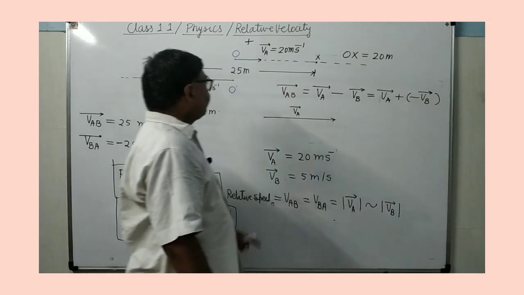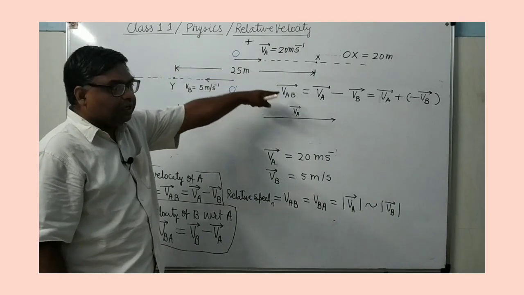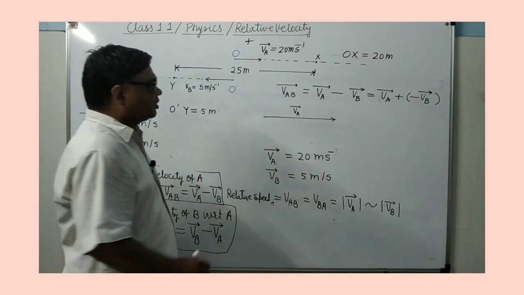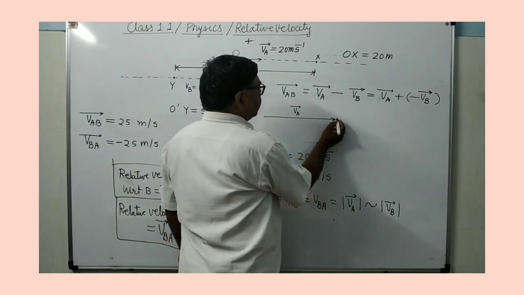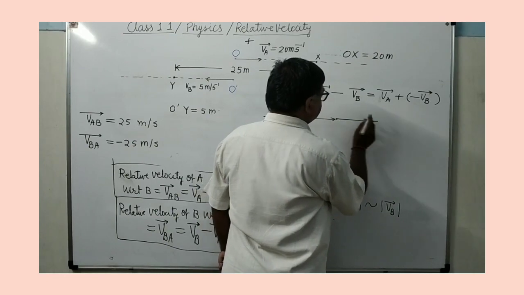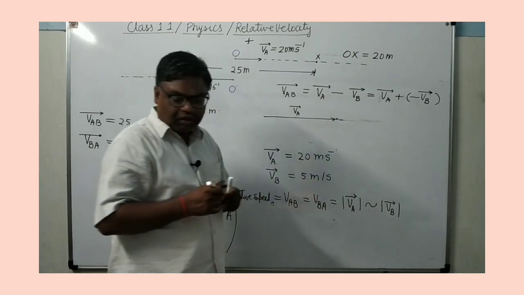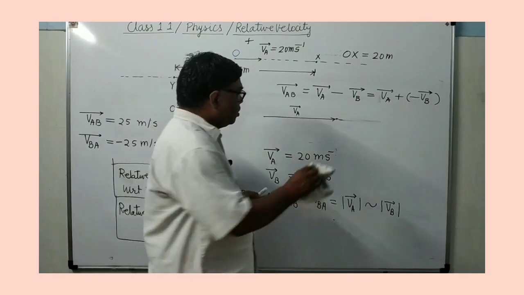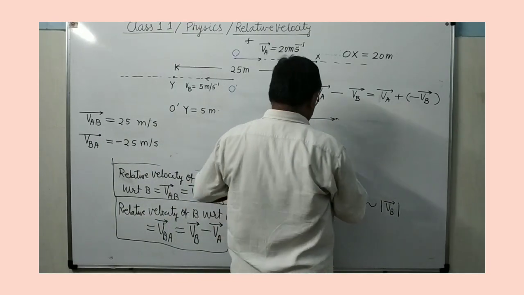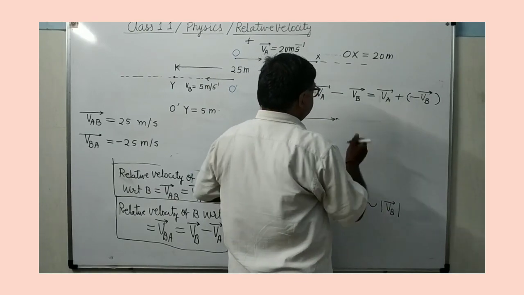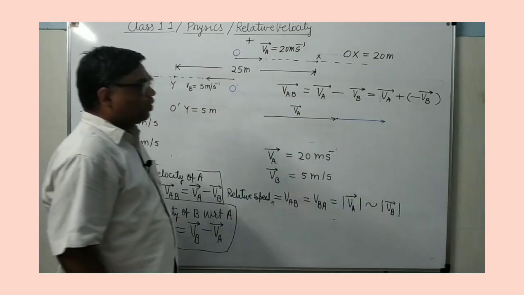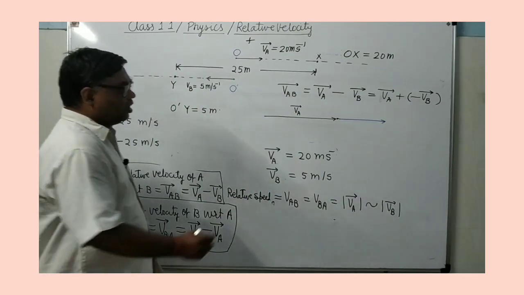What is the negative of vector VB? It is 5 meter per second in the direction of A. So from the head of vector A, you will draw the negative vector VB.